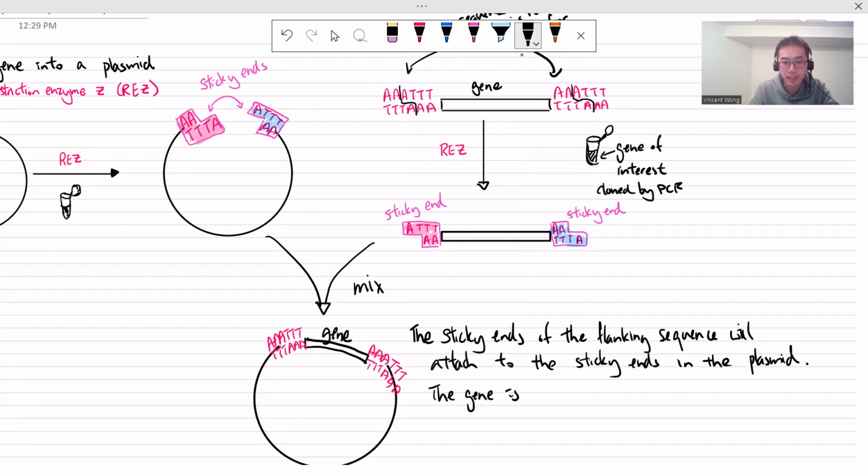The gene is inserted into the plasmid. That's all.